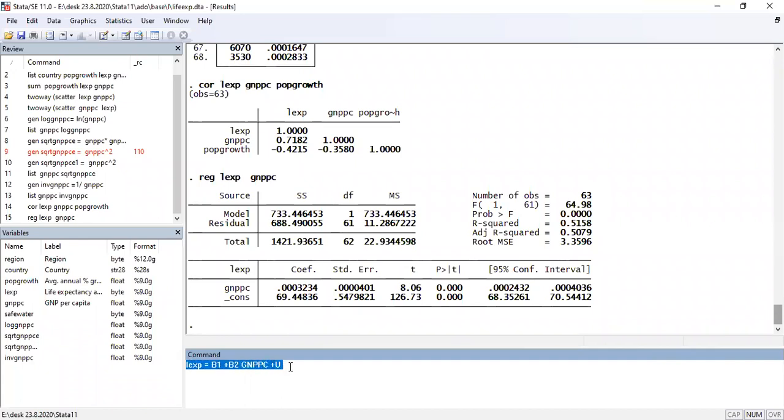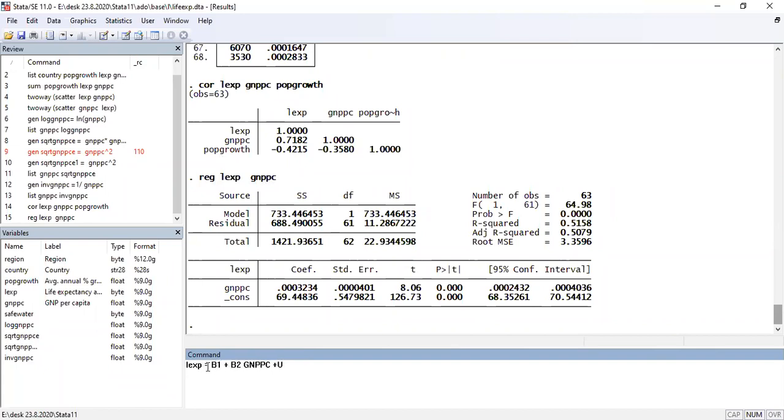I'm just showing you that the econometric model was this, and you wanted to estimate it. And what did you do? You wrote REG, LEXP, GNP. So the software is using the OLS principle to find beta 1 hat and beta 2 hat.